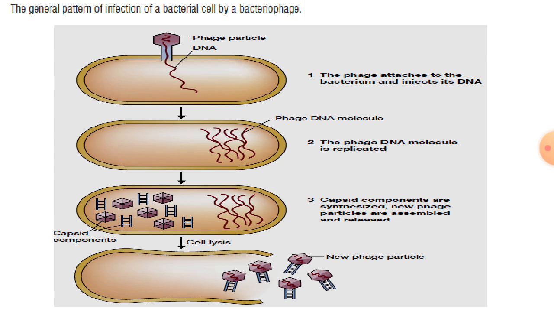General pattern of viral infection cycle in bacteriophage. The tail, for the head and tail virus, an example of this being the lambda virus, attaches to the bacterial host and releases its genetic material.